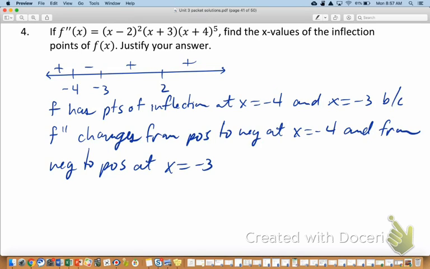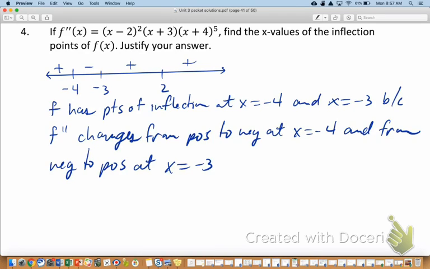So I found the zeros of f double prime to be -4, -3, and 2. Then what I did personally is I tested the left interval. I think I must have plugged in a -5, and I got a positive times a negative times a negative, which is a positive.